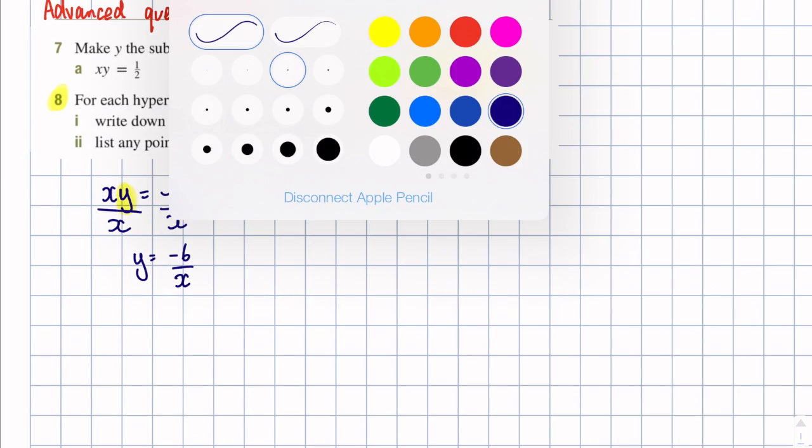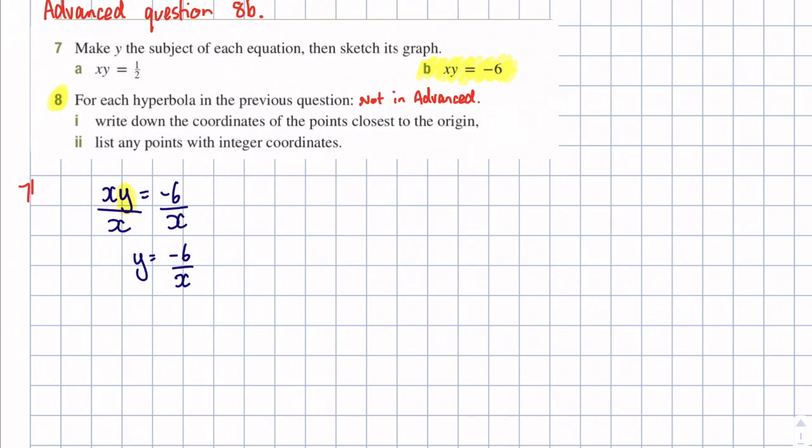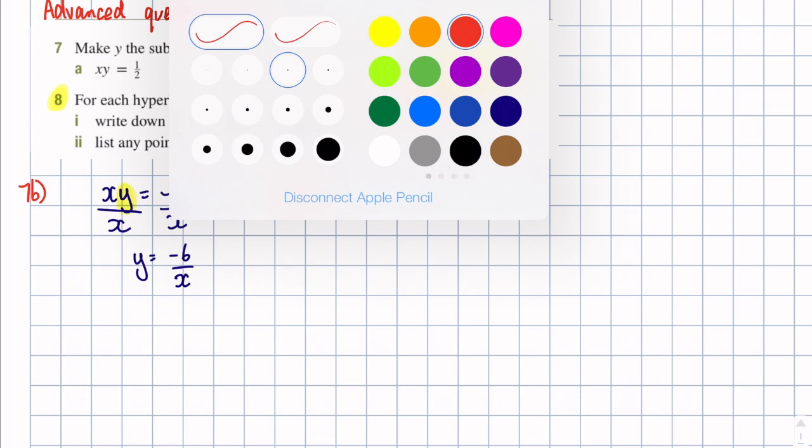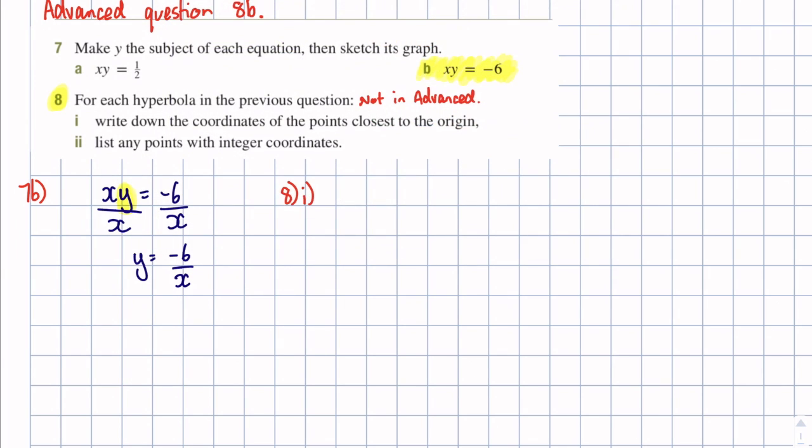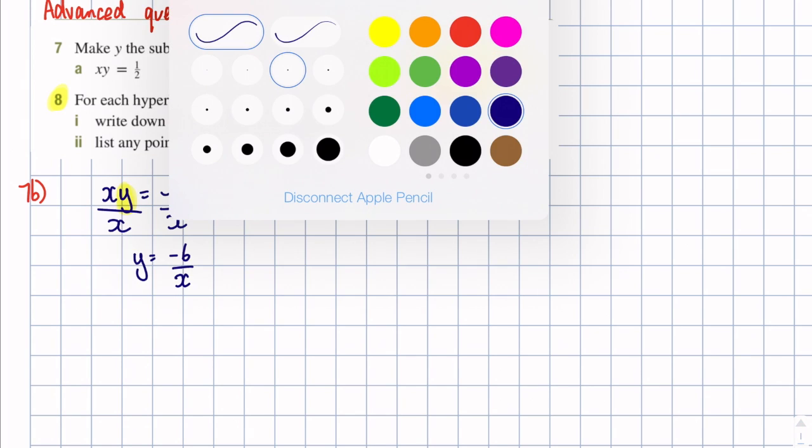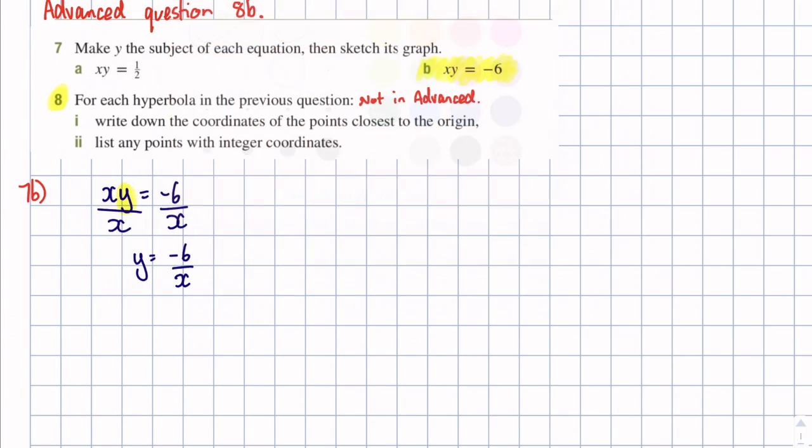If we were to do the next one, so that was 7b, or 8b for advanced students. If we were to do question 8, which isn't in the advanced textbook, it says to write down the coordinates. I still have to sketch its graph. Here we go. Y-axis. You get very lazy at these at a point. X-axis.